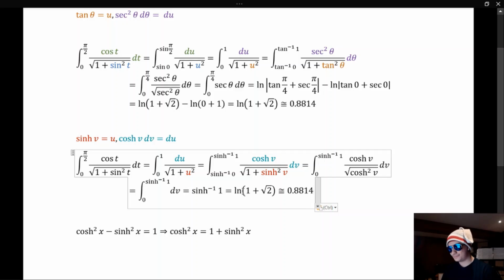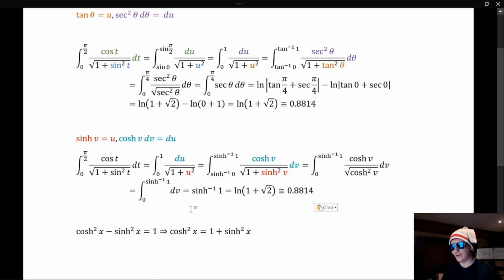So this result actually uses a couple of facts about the hyperbolic trig functions. It doesn't prove them, but it is under the implication that, for one thing, this identity is true.